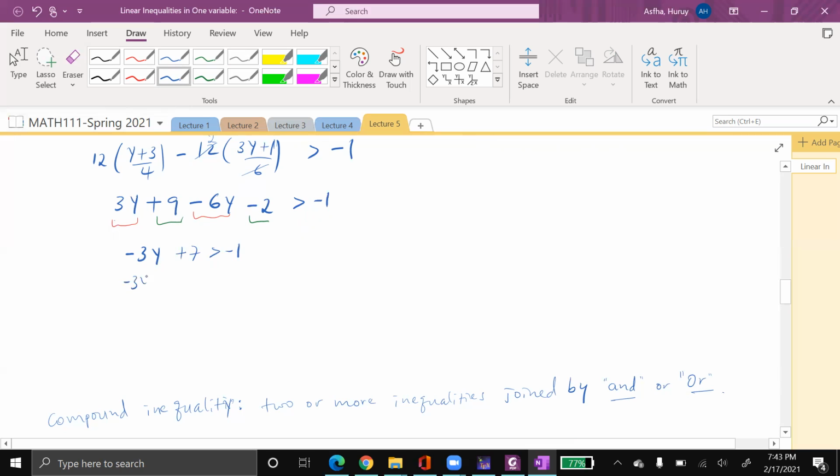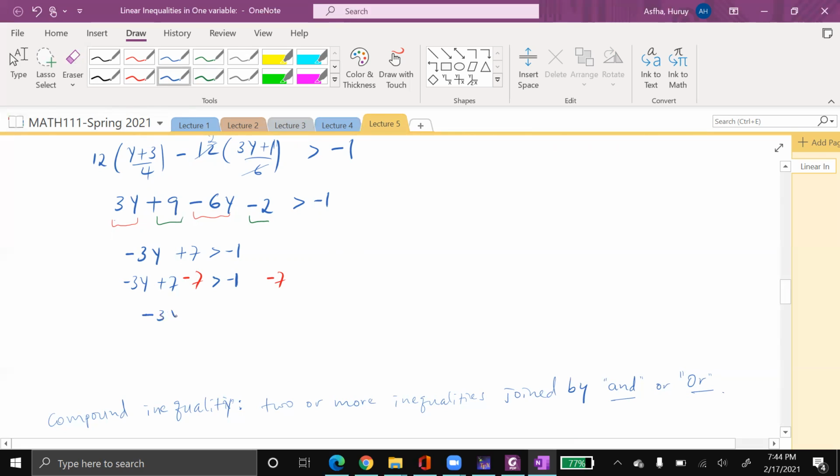Now we have negative 3y plus 7. We subtract 7 from both sides. And this is just to isolate this variable, right? To isolate, we have to get rid of the 7, and to do that, we subtract 7 from both sides, and this makes it 0.